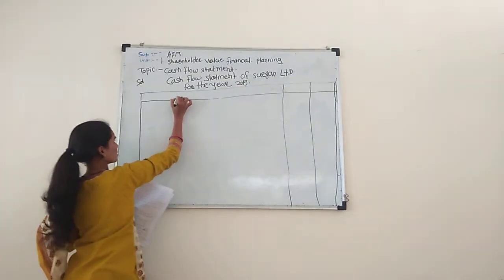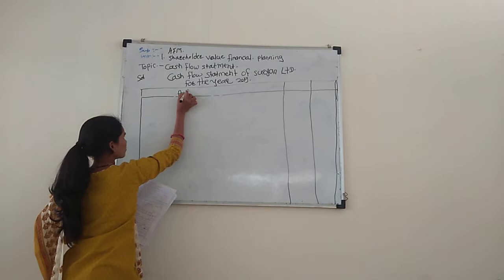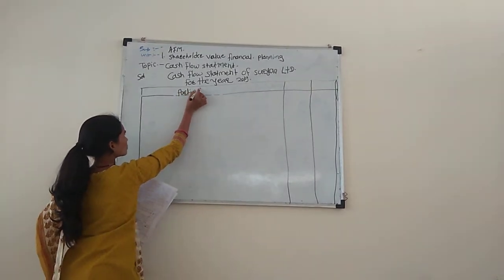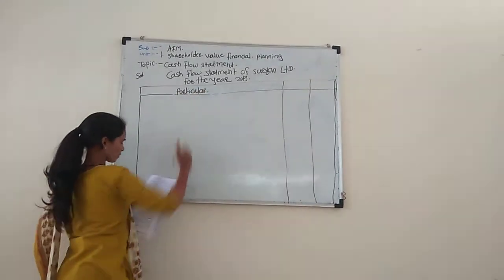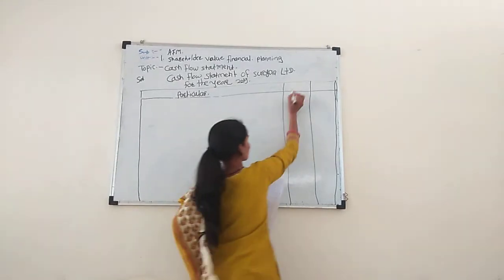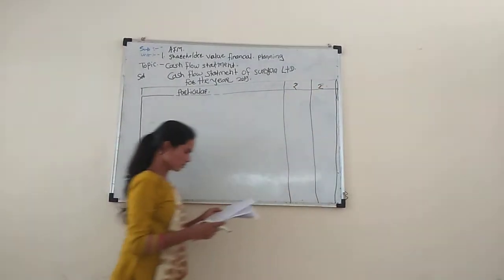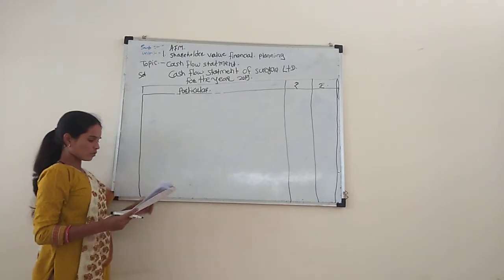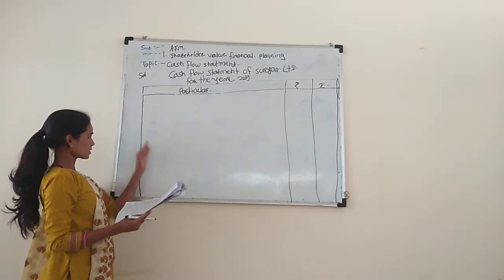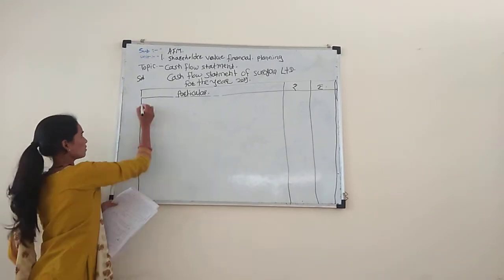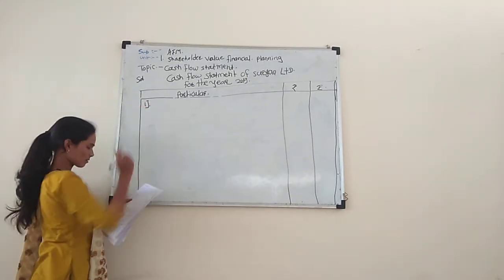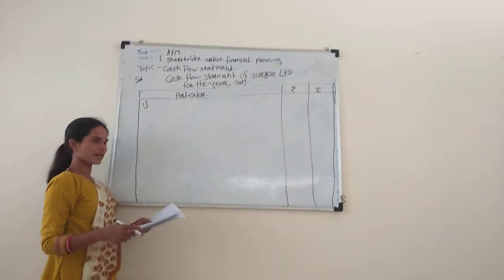This is a particular format, with rupees on this side and rupees on this side. Okay, so in the problem, first of all, the cash flow from operating activity.